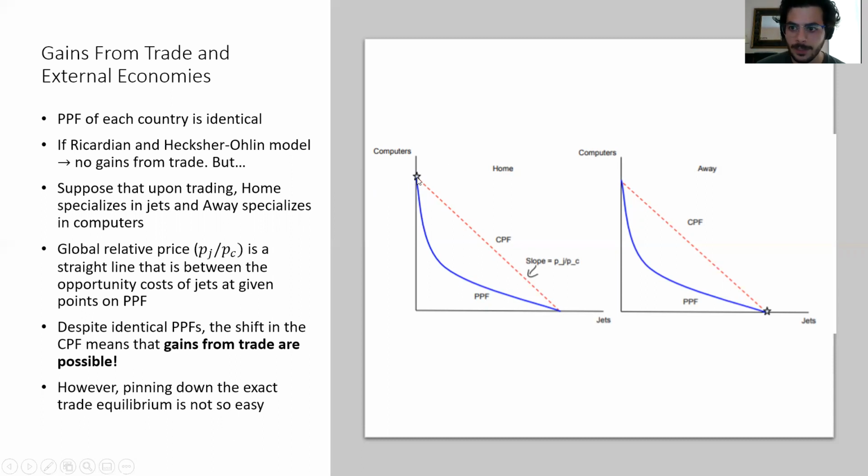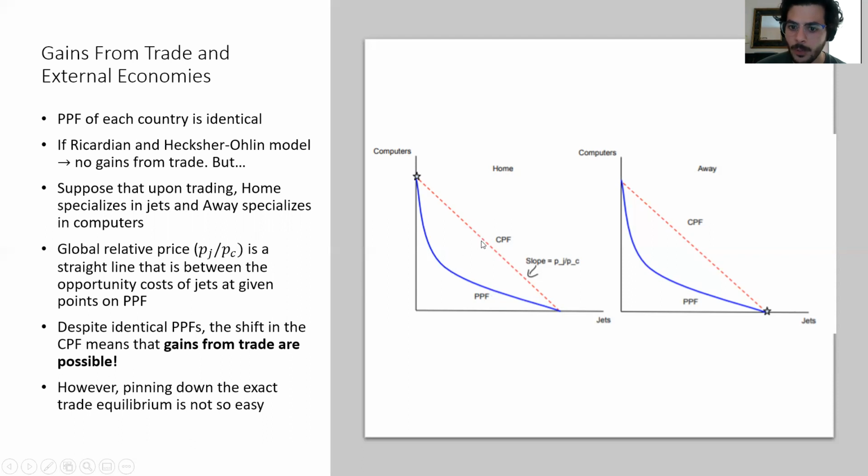So by specializing in computers and trading for jets, home can actually consume more jets and computers than if they were in autarky, because the CPF here is outside of their PPF. And the gains from trade are largest here in the middle, where they're consuming relatively equal quantities of both computers and jets.